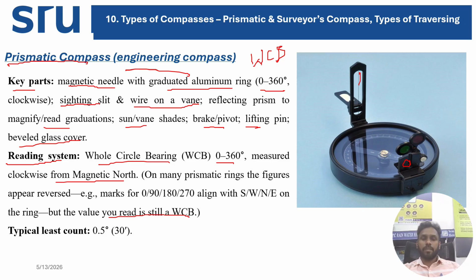It may look like a quadrantal bearing, but it is a whole circle bearing. The typical least count, the most precise measurement you can take, is 30 minutes, because you can measure 0.5 degree, and 0.5 degree is 30 minutes. That is the minimum scale, the least count that you can measure on your prismatic compass.